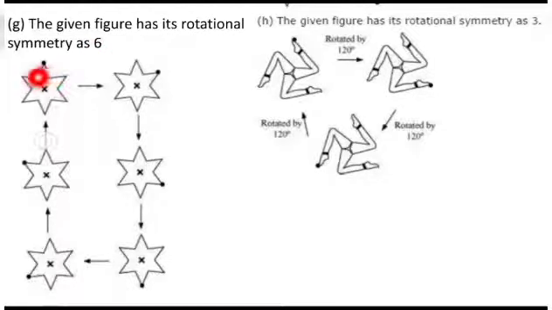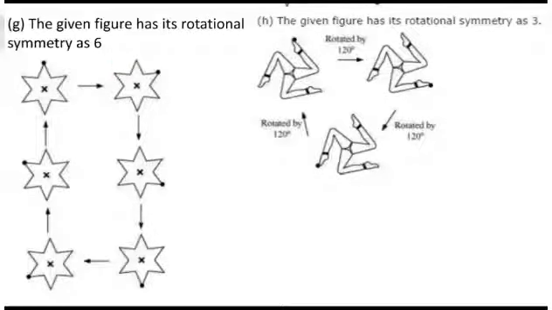Could you see the black dot here? 1 time, 2 times, 3 times, 4 times, 5 times, and the 6th time it comes back to its original place, and 6 times it matches. See, all the figures are exactly the same, only the dot is changing, but the center of axis and all the stars look exactly the same. Now tell me student, what will be the angle of rotation of this figure?